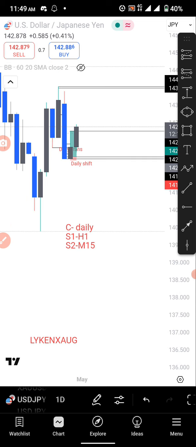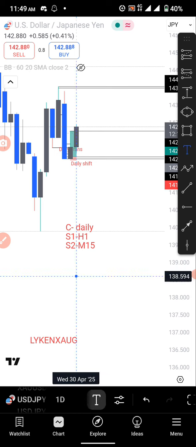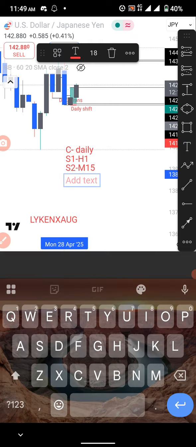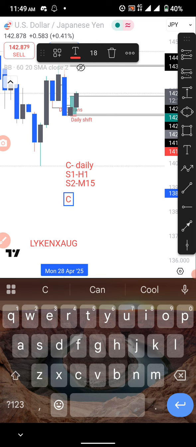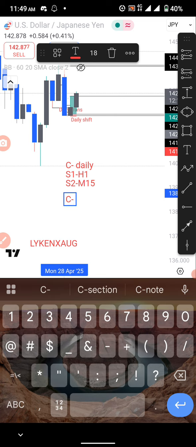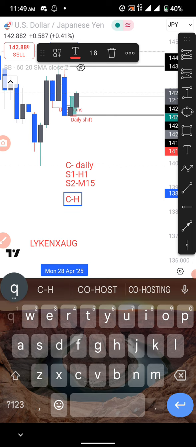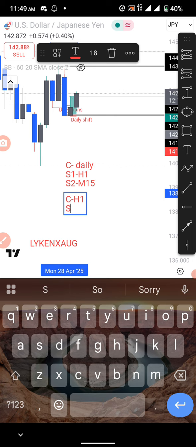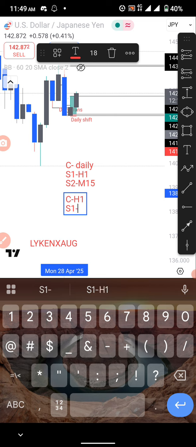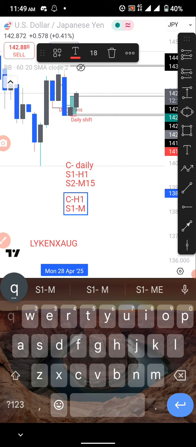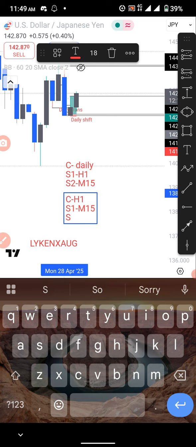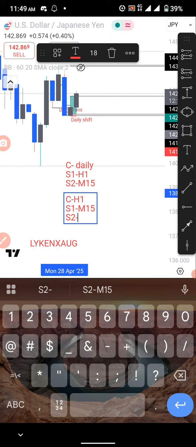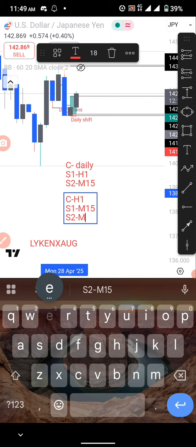Let me just conclude it here very fast. We can also use H1 as our constant time frame, and our situation 1 here will then be M15, and the S2 now will be M3.